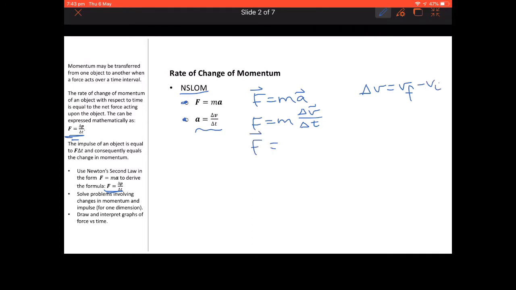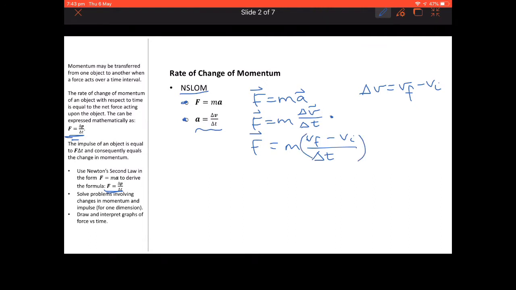Change in velocity is equal to the final velocity minus the initial velocity. So I can sub this in now to the equation that we have here. So mass times final velocity minus initial velocity divided by the change in time.